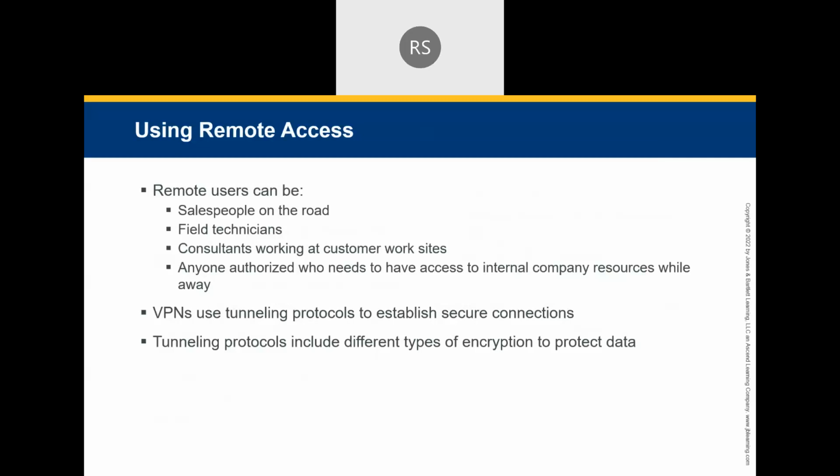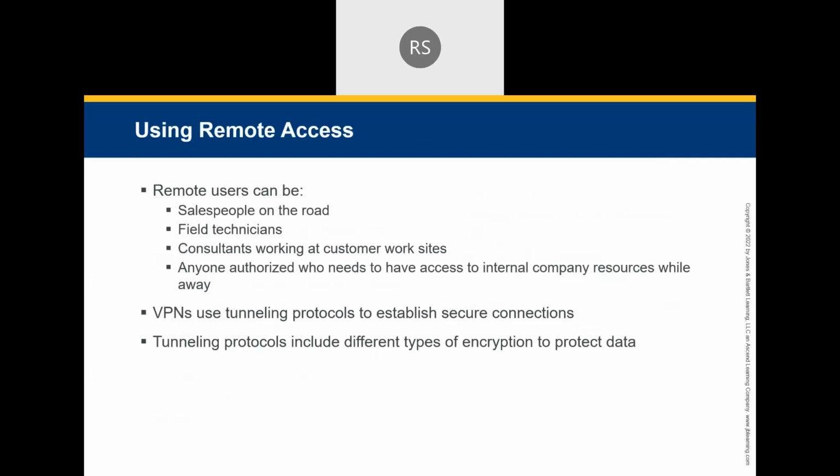Now, the VPN, once again, we've talked about this, uses tunneling protocols to establish secure communications. And that allows those remote users to access those internal company resources. Now, the tunneling protocols include different types of encryption to protect data. There are a lot of different tunneling protocols: PPTP, L2TP/IPsec, and OpenVPN.